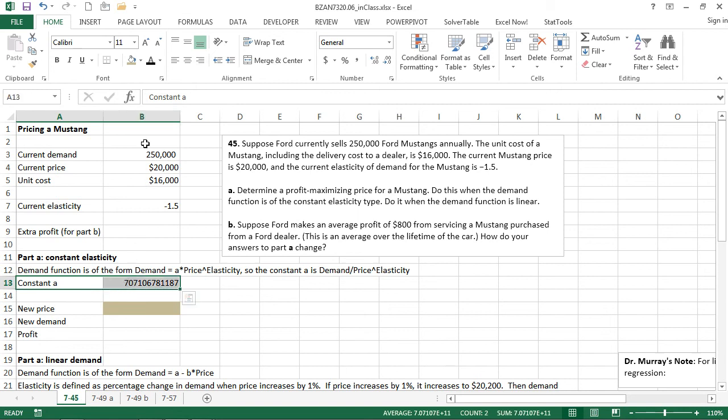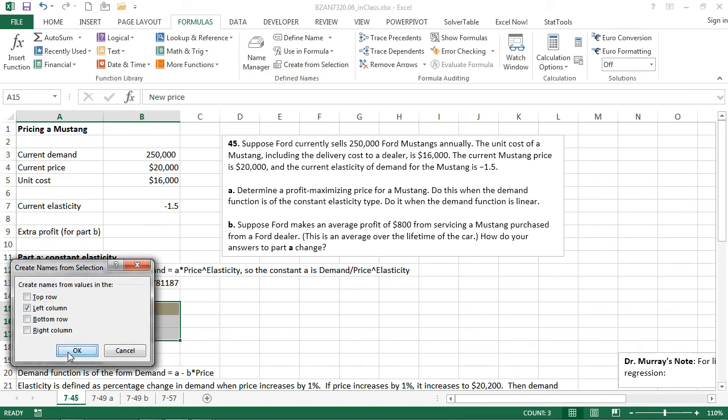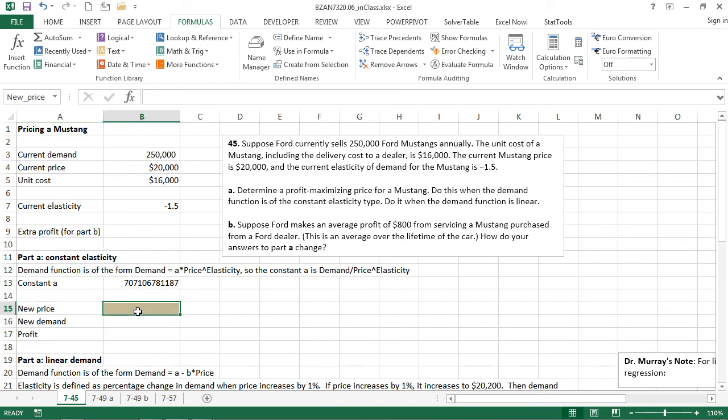So let me go ahead and make some more names here. Okay, so I'm not going to be real particular here. I'm just going to plug in 16,000 because that's the cost. I know if I'm trying to maximize profit, if I sell it at cost, my profit's going to be 0. That's what I'm going to expect to see. So let's see if that happens.